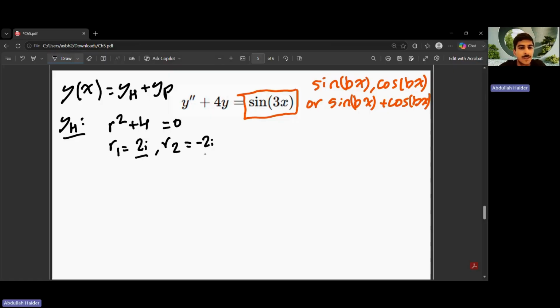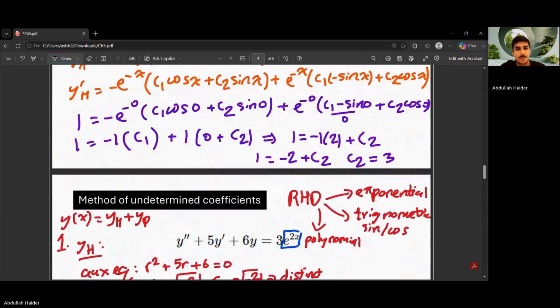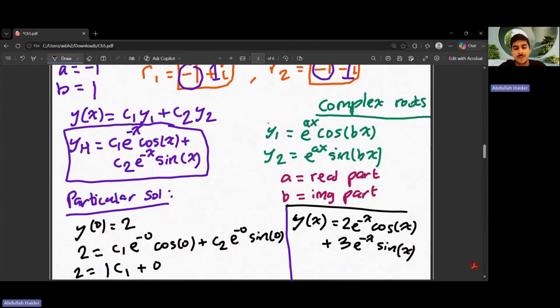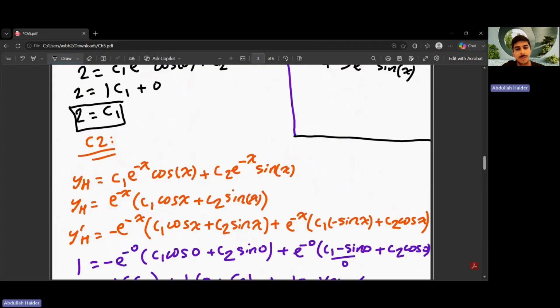Now notice that these roots are complex. Before we discussed that if we have complex roots, our y1 is going to be e power ax cosine bx, and our y2 is going to be e power ax sine bx, where a is the real part and b is the imaginary part.